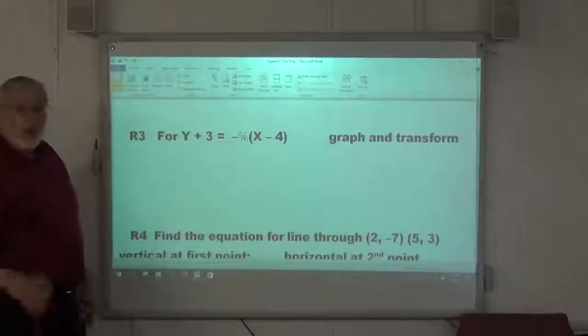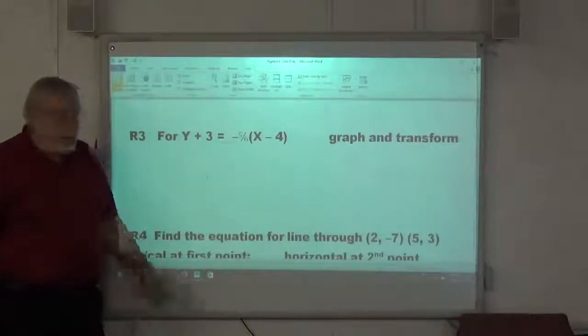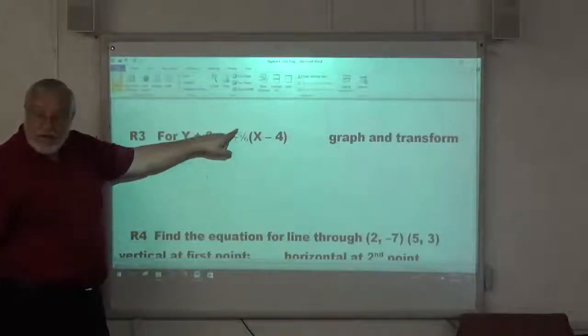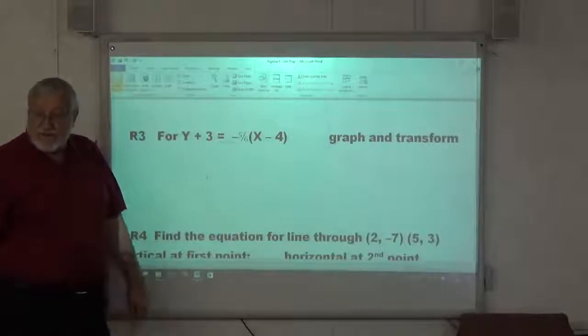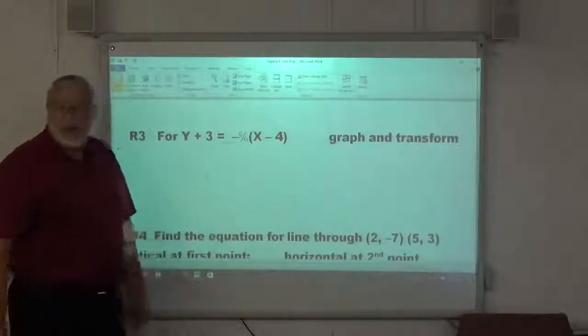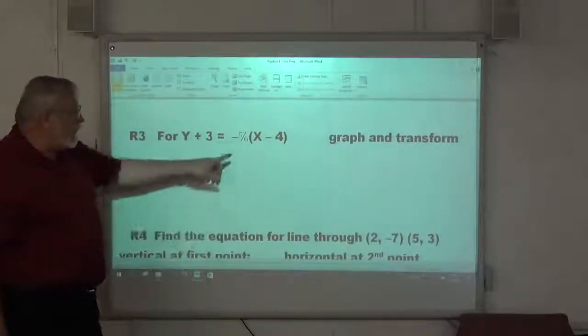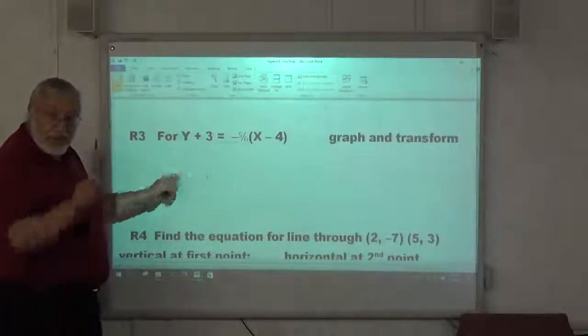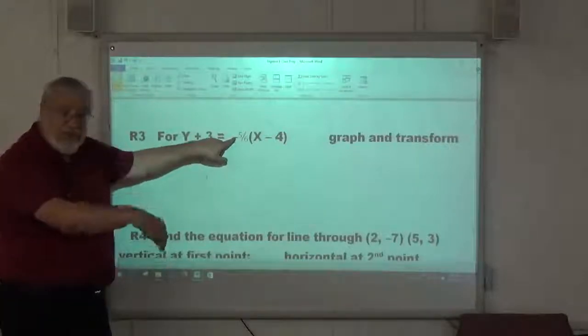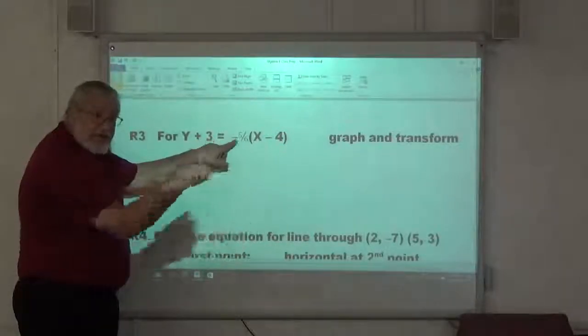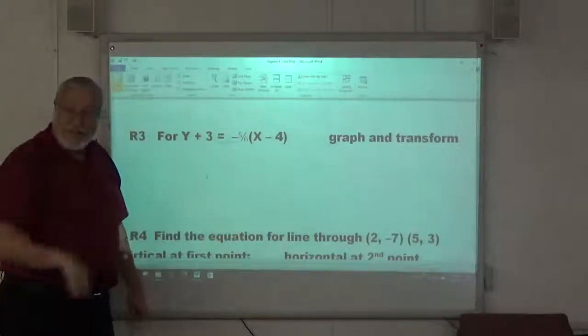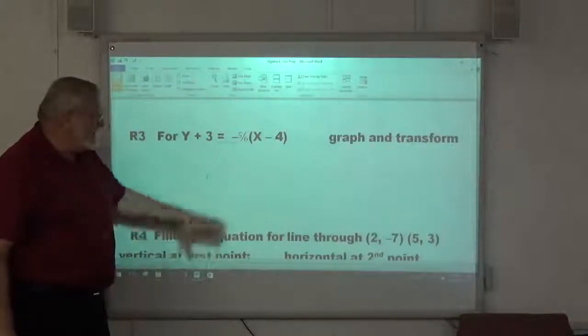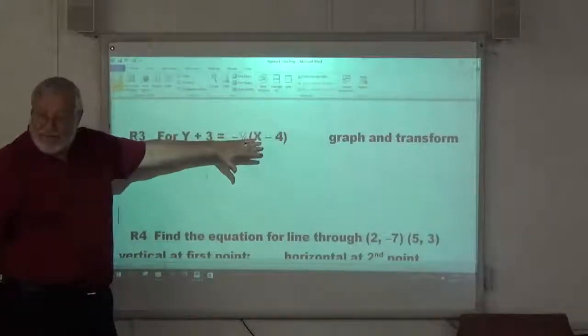Now, what's the slope? -5 over 6. So, how do we graph it? We start at the point 4, -3, and put a dot, and then we go down 5, over 6, or up 5, back 6. So we can graph that pretty simply.